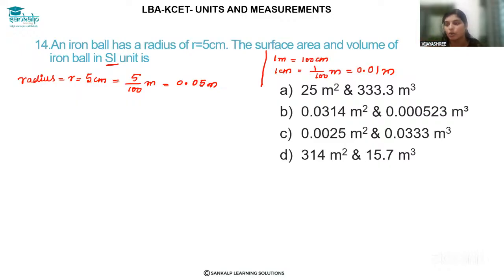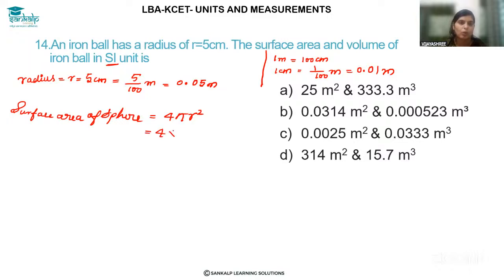As you already know, the iron ball is in spherical shape. So the surface area of sphere is equal to 4 pi r square, right?